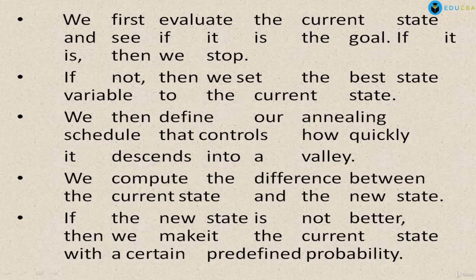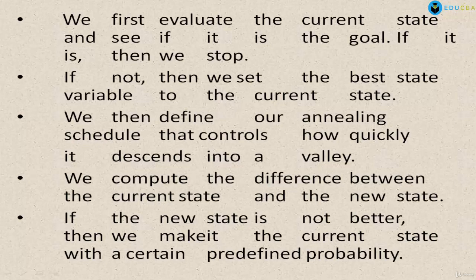So we first evaluate our current state and check if it is the goal. If it is, then it will stop. If it is not, then we will update our variable. Then we define an annealing schedule that controls how quickly it descends into a valley, that is, it defines a rate related to the metal.